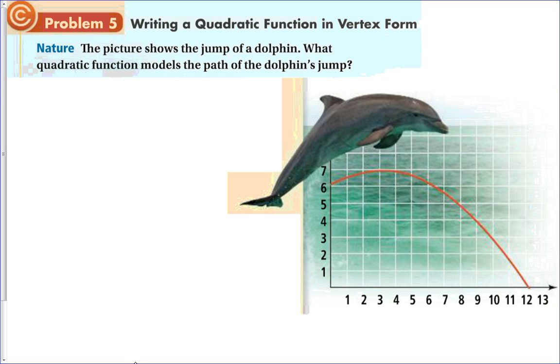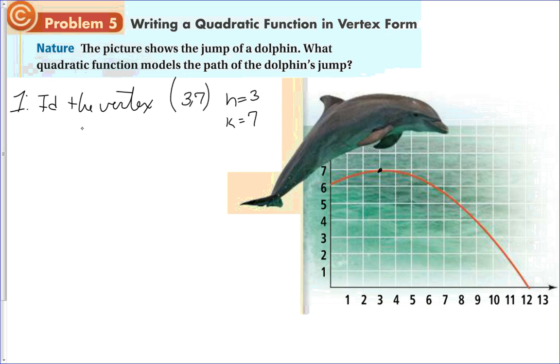The first thing we need to do, step 1, is identify the vertex. If we look, it's about right here, and that is (3, 7). So we have our vertex, (3, 7). We know h is +3 and k is +7.